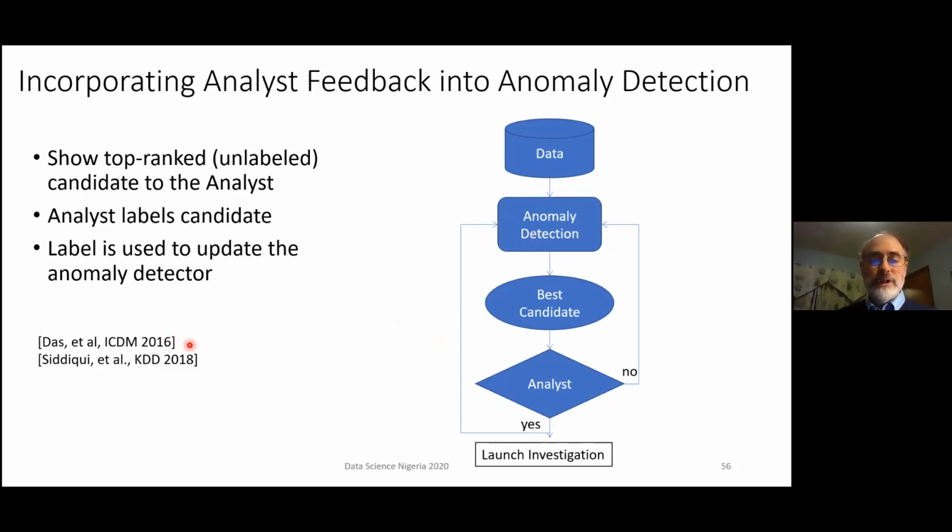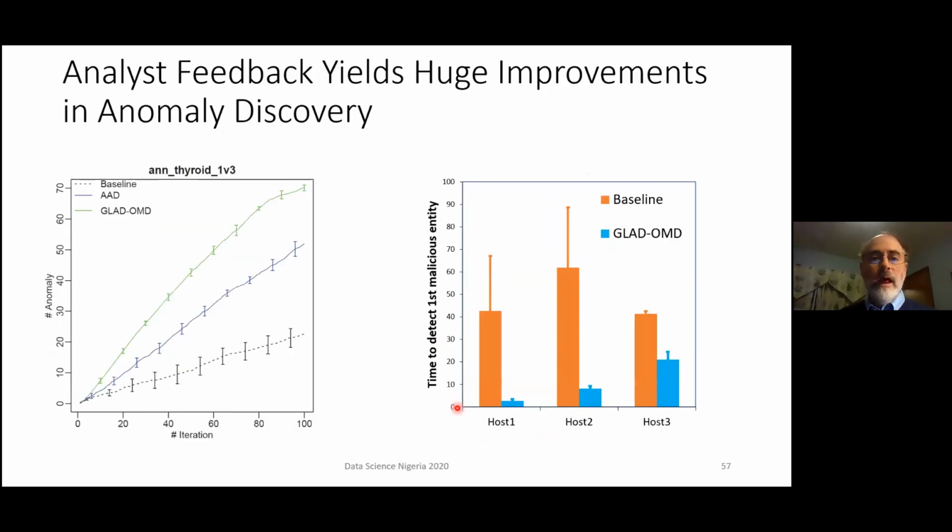And we published a couple of papers, particularly at KDD 2018. And what we found is that incorporating analyst feedback yields huge improvements in anomaly discovery. So we like to plot things this way: on the x-axis here is the number of candidate alarms that we have shown to the analyst, and the y-axis is the number of those that were true alarms.